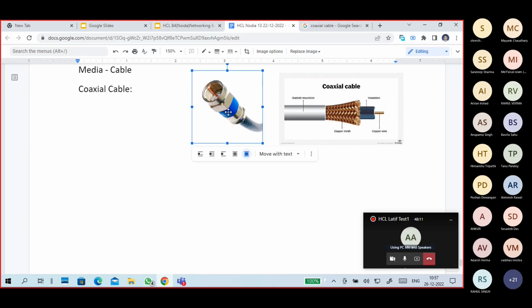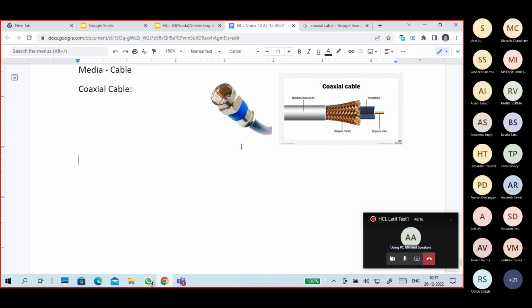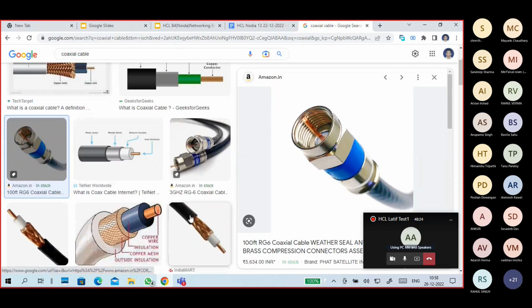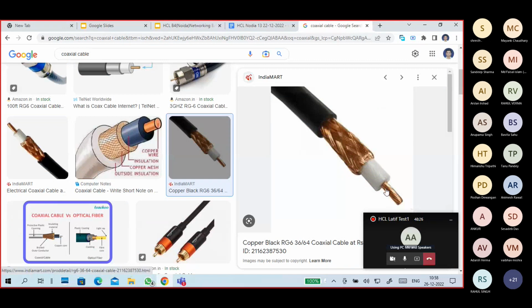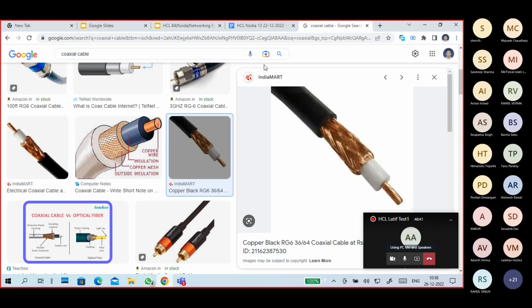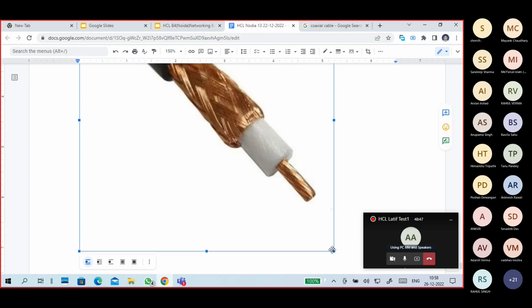So this is the better way. Why do we need an arrangement? The original cable looks like this: the center is a copper wire surrounded with plastic insulation. This is the copper mesh, and this is the outer jacket. What is the use of this one? I'm telling again. The main center wire is for the main signal.